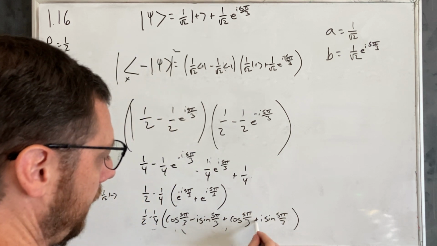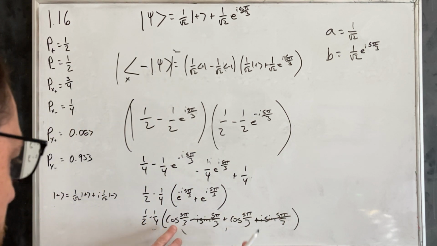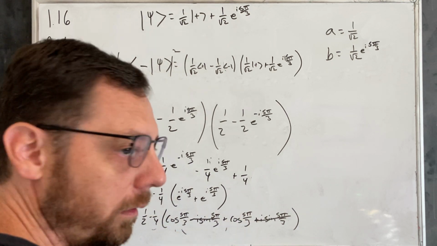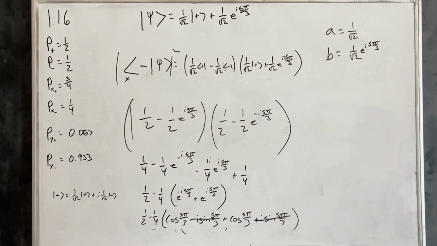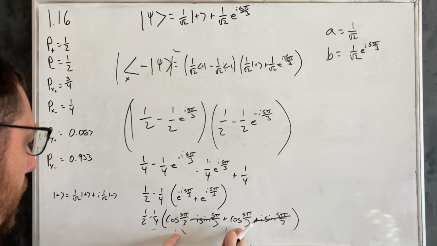Fortunately, our imaginary terms cancel out, a positive and a negative. So then we have two of these. Cosine of 5 pi over 3, we already saw before, was 1/2. So we have two of those, 1/2 and 1/2 makes 1.